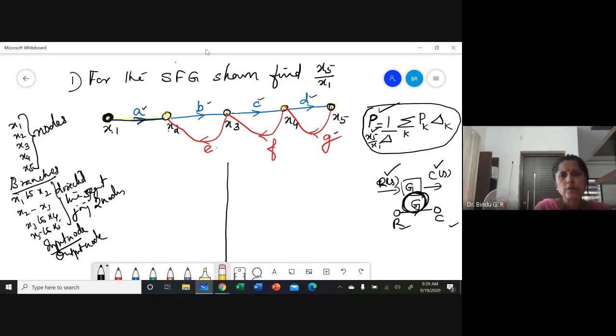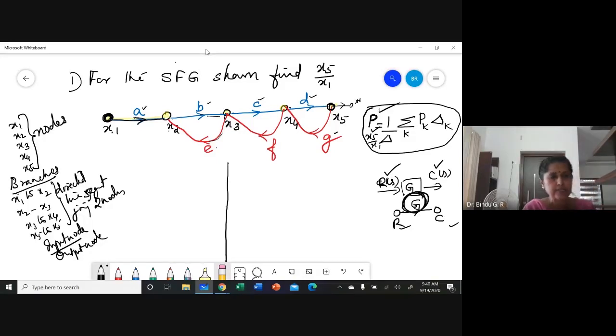Output node is a node which has only an incoming branch. But you can have an X6 here where I can say it is an output node. There can be mixed nodes. See, X5, X4, X3 are mixed nodes because there are branches coming in as well as branches going out. So those are mixed nodes.